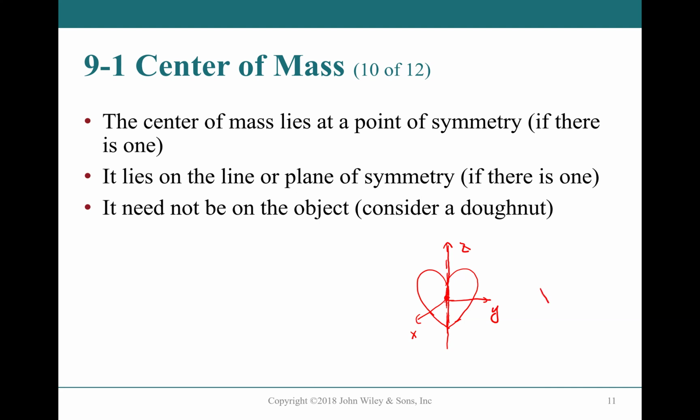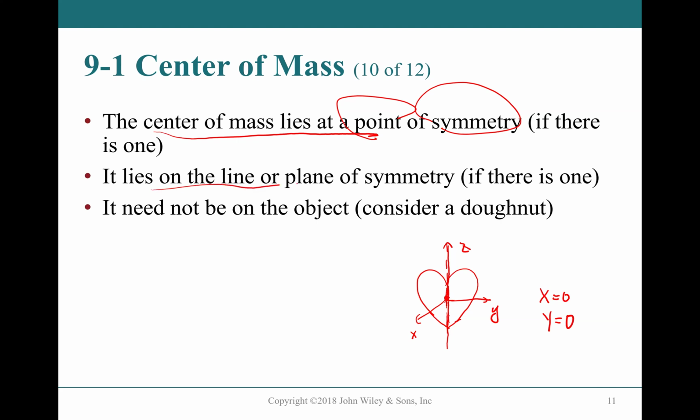So this line is x equals 0 and y equals 0. We know it lies here because it's symmetric about the z-axis. So the center of mass lies at a point of symmetry, okay? If we have a line of symmetry, the center of mass must lie on the line. If we have a point of symmetry, then the center of mass lies on the point.